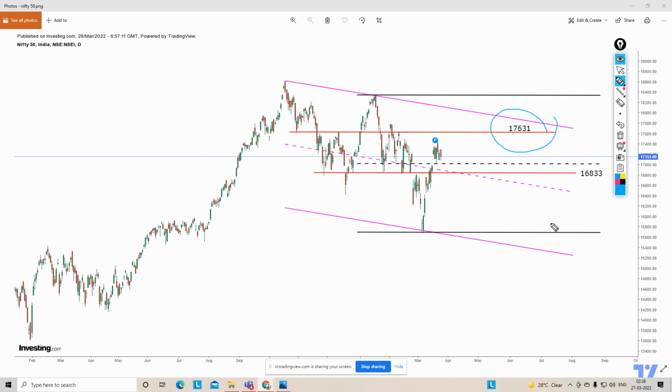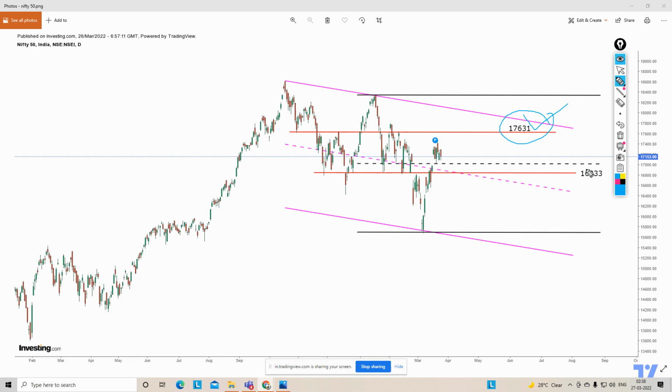So if you see the IVs rising to 27, 28, plus the markets are going overbought, and the FII net long position is going above 60%, when Nifty is touching this area, right? In future, in coming days or weeks or next month, whenever Nifty is above or near 17,631, about to touch 17,631, you will have to see these factors which I have mentioned.